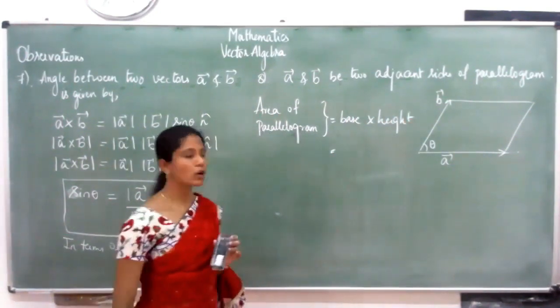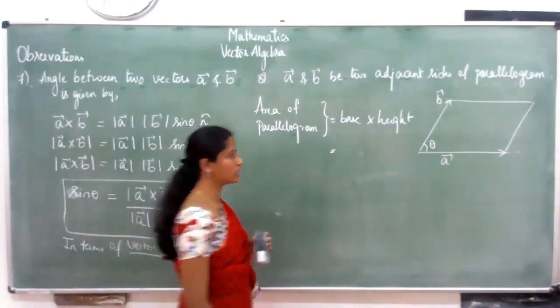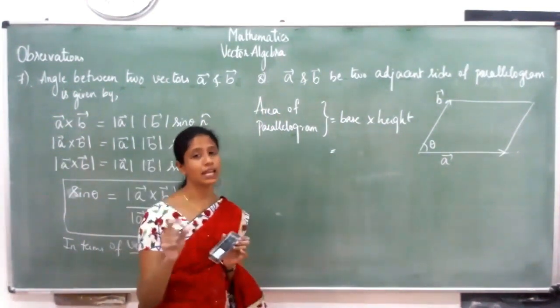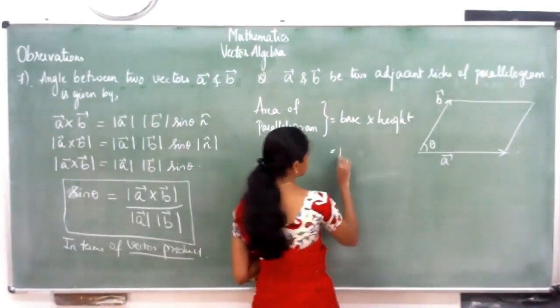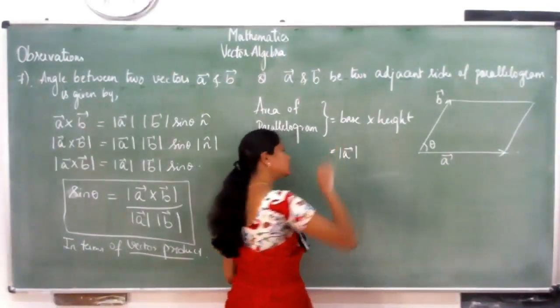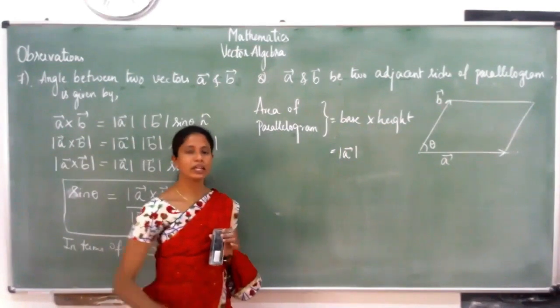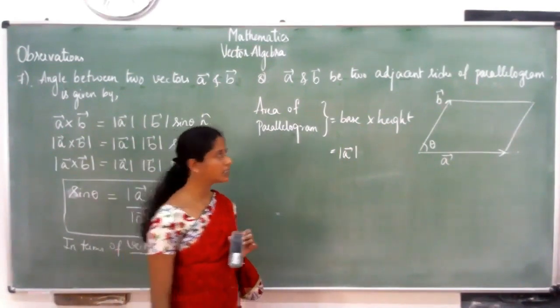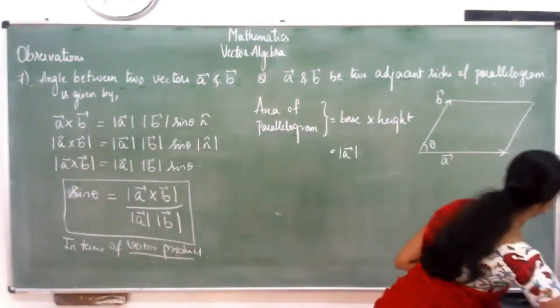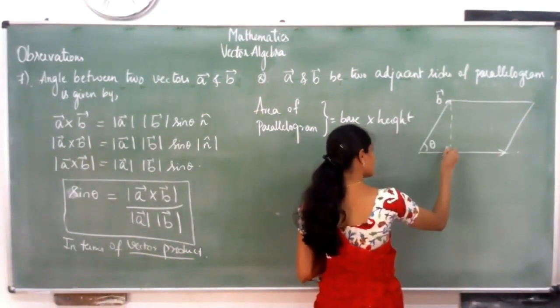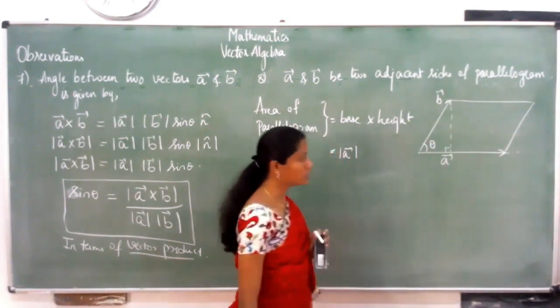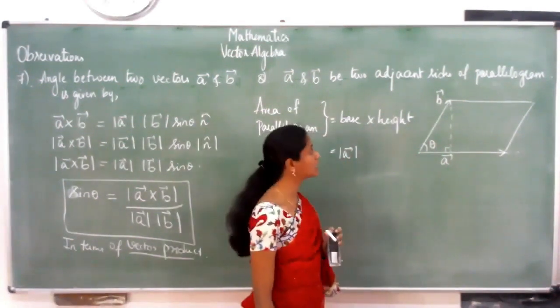So what is the base of the parallelogram here? It is vector A. But when I say base, we are taking only the length, that is only the magnitude. So base will be magnitude of vector A. Now let us find its height. In order to find the height, I draw a perpendicular from here. If you see, you have got a right angled triangle.